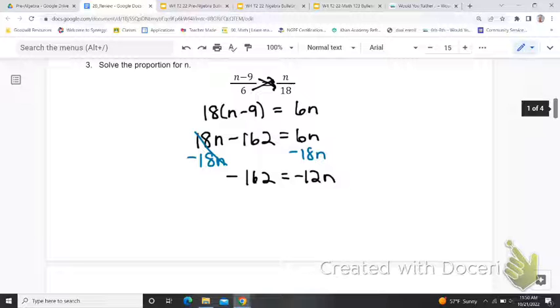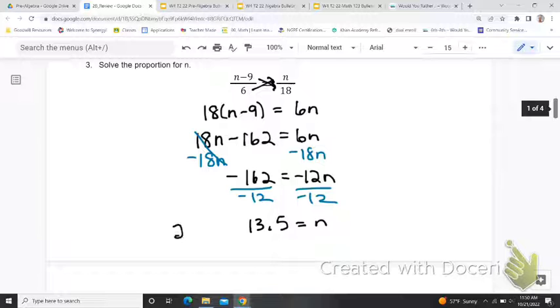And now I need to divide both sides by negative 12. Two negatives we know make a positive. And I put that in my calculator and I got 13.5.